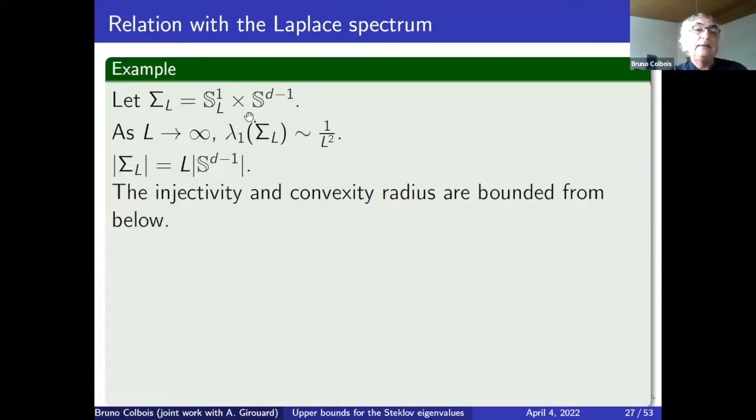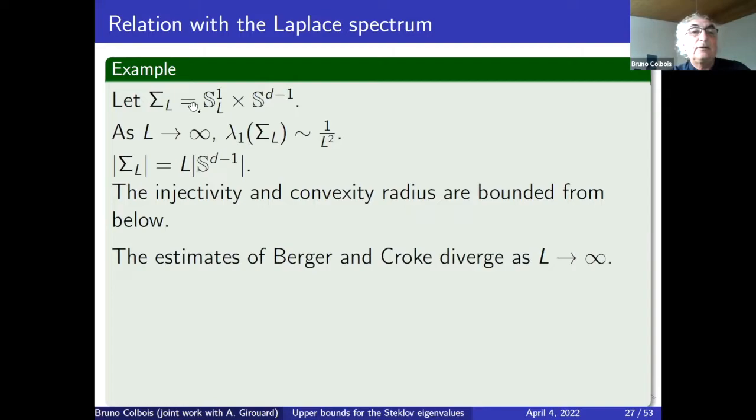If I take now as manifold, I take as boundary a circle of length L times, for example, a sphere. So if I take this for sigma, you see that this is a product, so lambda 1 is like 1 over L squared. The volume of this manifold is L times something, and the injectivity radius and convexity radius are bounded below.